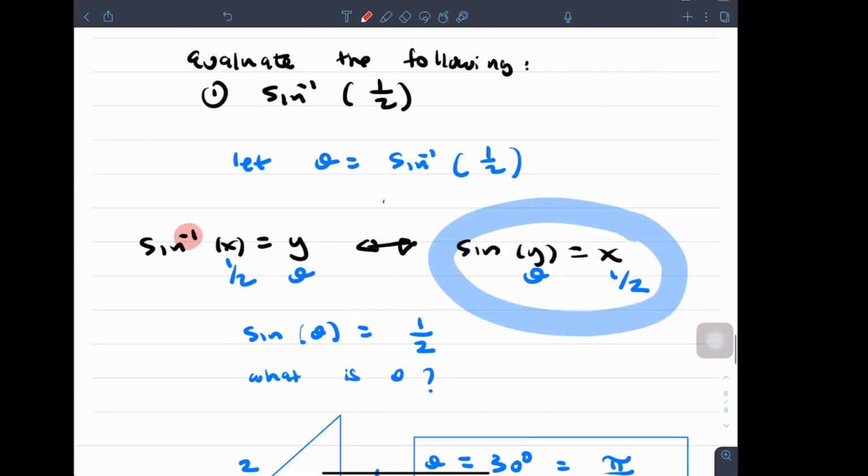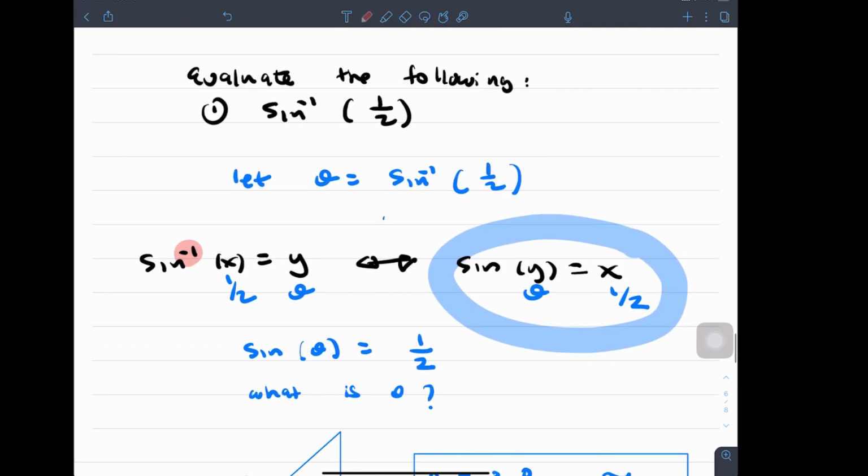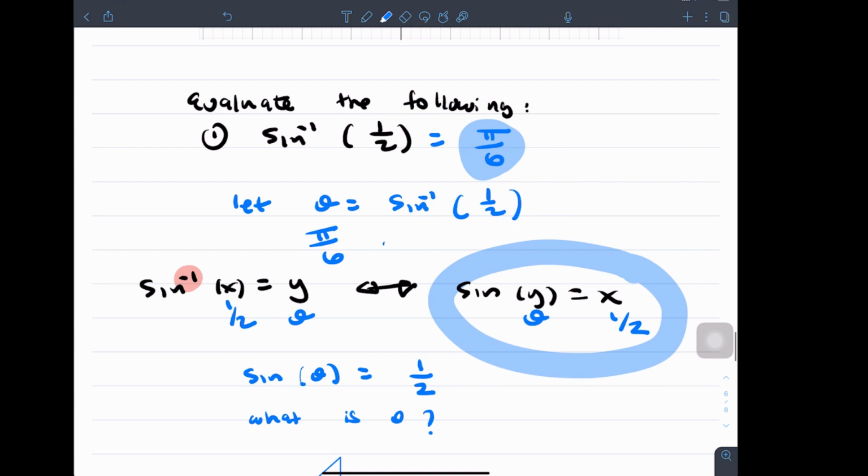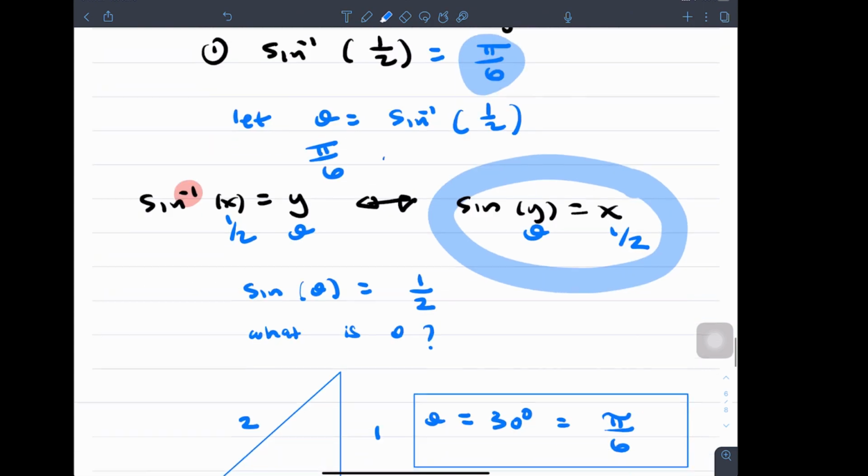Theta is pi over 6. So what does this mean? This equals pi over 6. Easy breezy, lemon squeezy. So you follow that process. You're following the definition.